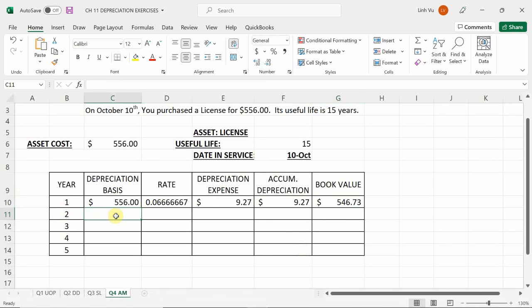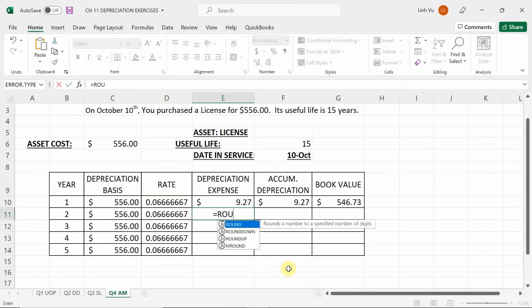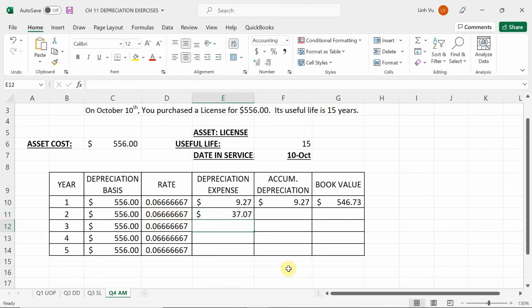Good. So then what's my depreciation basis going to be for year 2? The same. Right, so this is going to be the same thing as my asset cost. What about my rate? Same, it's also going to be the same, okay? So then this time, what is going to be my depreciation expense for year 2? $37.07.